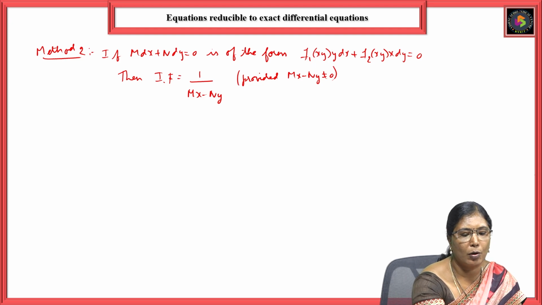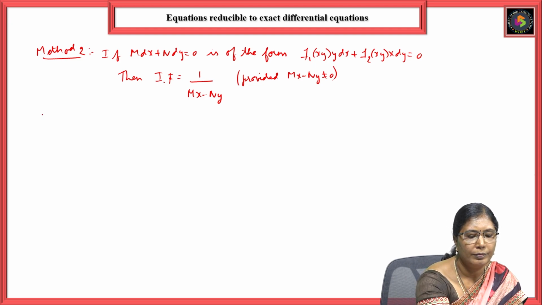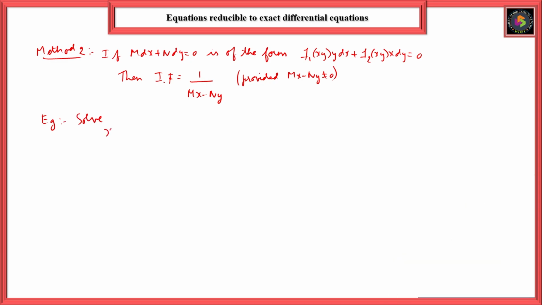So let us solve a problem. Take a problem. Solve (x square y cube minus y) dx plus (x cube y square plus x) dy is equal to 0.